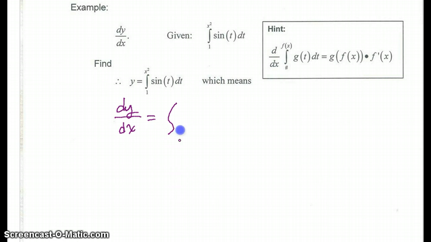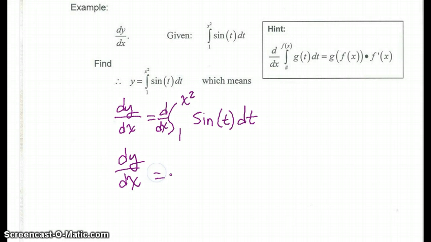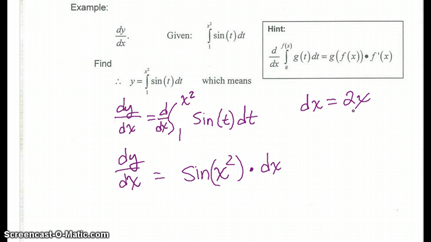is equal to the integral from 1 to x squared of sine of t dt, which then means we can say it's the derivative of this integral, and therefore we calculate dy/dx to be the sine of x squared times the derivative of x squared, which is 2x.